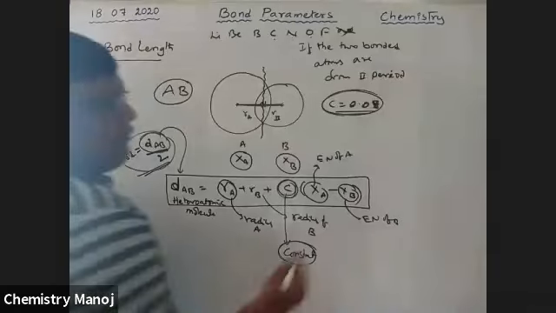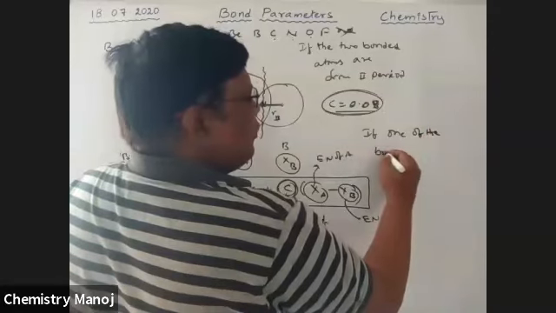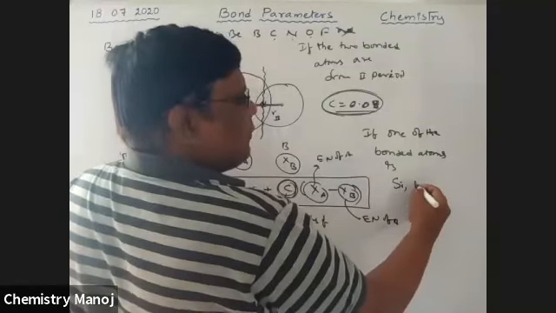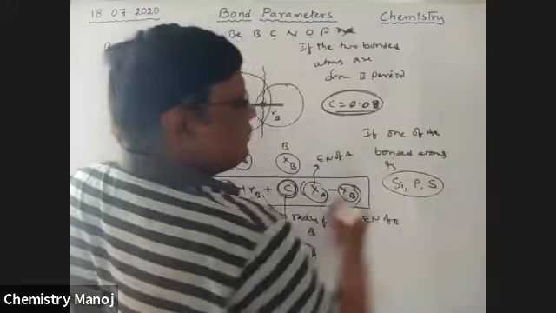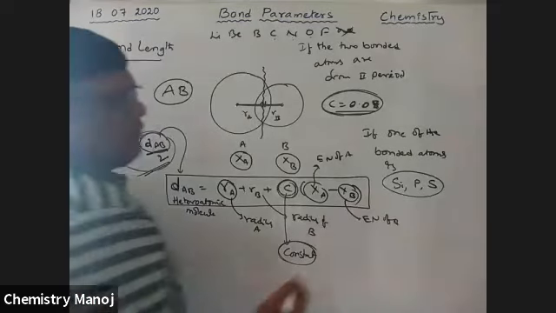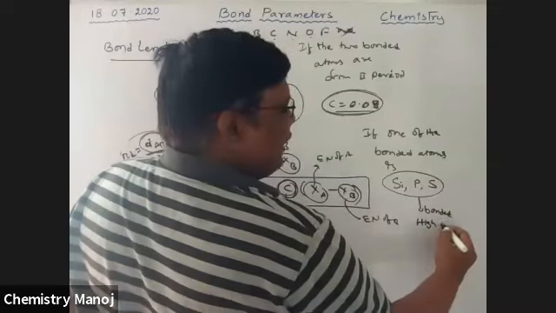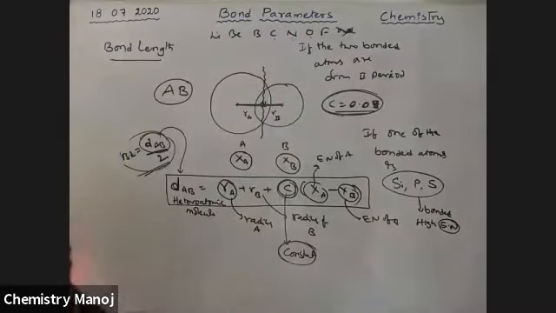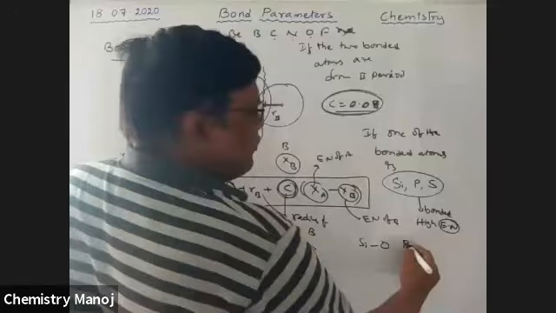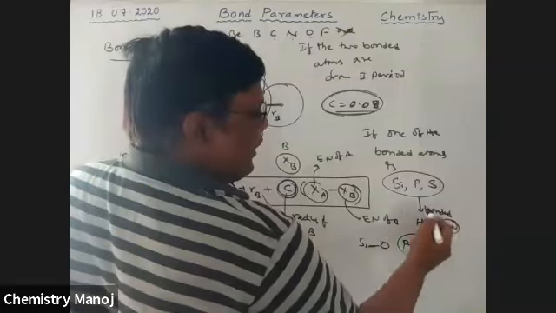Next, if one of the bonded atoms is silicon, phosphorus, or sulfur, and these are bonded with highly electronegative elements, for example silicon bonded with a highly electronegative element like oxygen, or phosphorus bonded with oxygen, then how much is the bond distance?